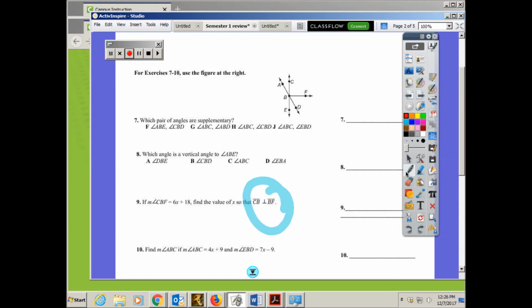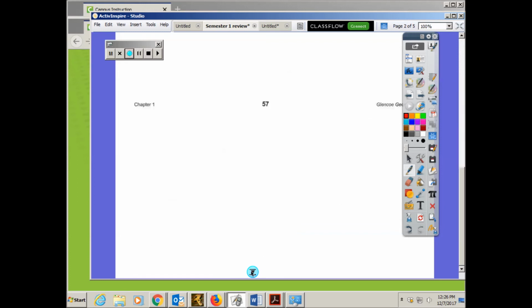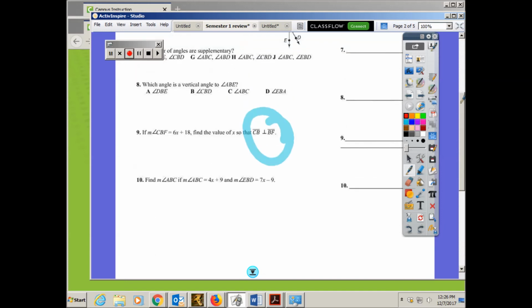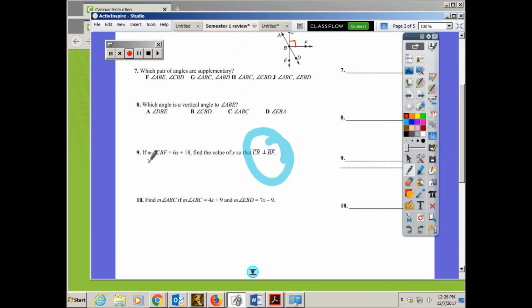So CBF would be a right angle. It would equal 90 degrees. So that means 6x plus 18 has to equal 90. What would I do next?